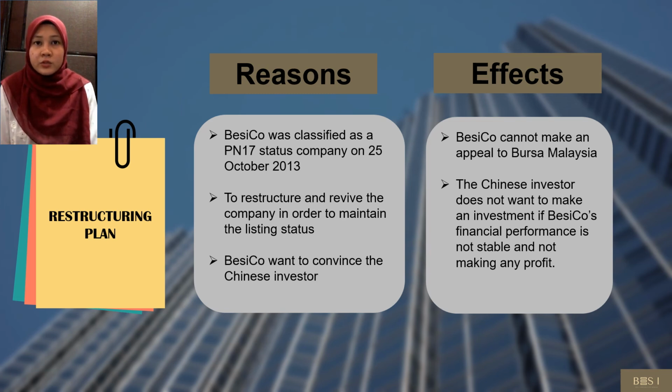Other than that, Besico cannot convince the Chinese investor to revive Besico as they are searching for funding to save Besico. Without a regularization plan, Besico cannot make an appeal to Bursa Malaysia. The Chinese investor also does not want to make an investment if Besico's financial performance is not stable and is not making any profit.